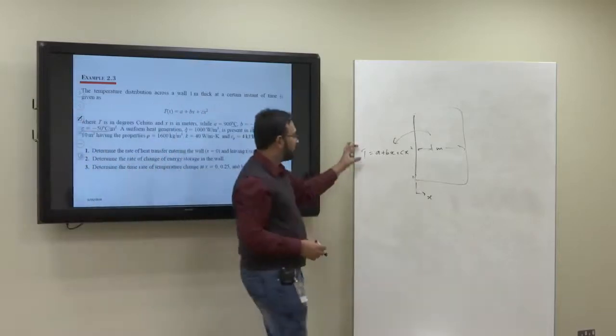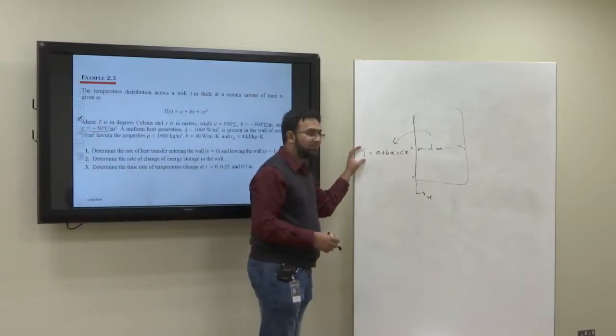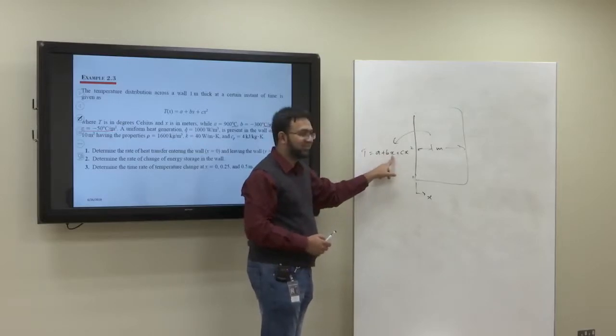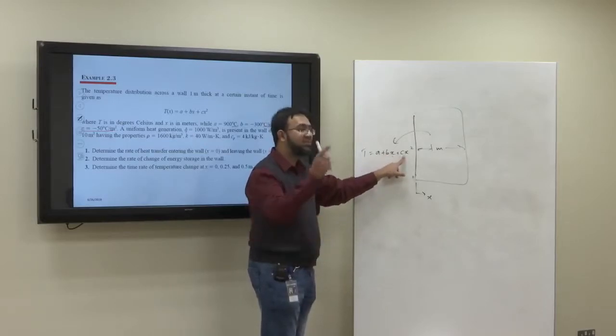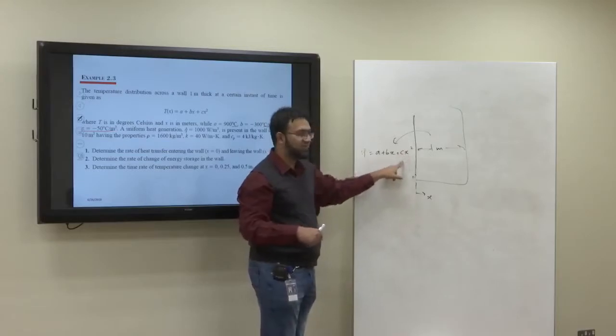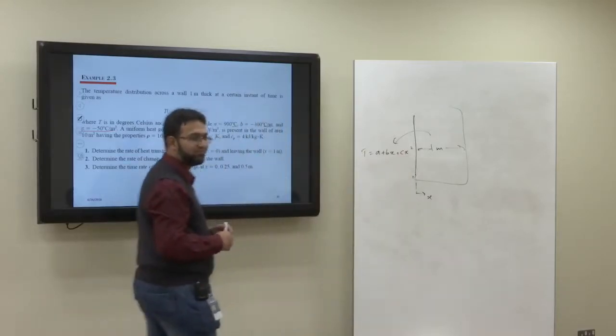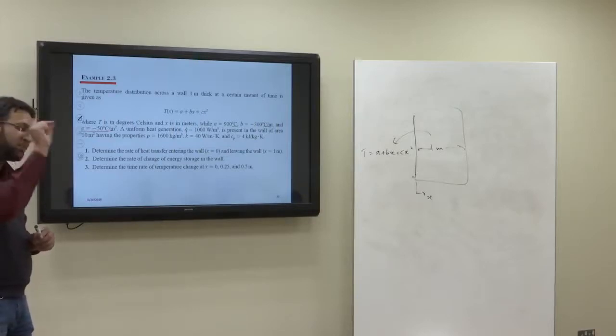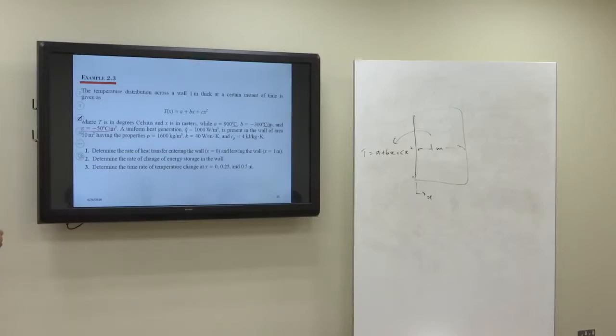Temperature should be in centigrade, so the unit of A should be centigrade, the unit of B should be centigrade per meter so that meter will cancel, and the unit of C should be centigrade per meter square so that meter square will cancel. Since A, B, C values are known, if you know x, you can exactly know the temperature at that point.